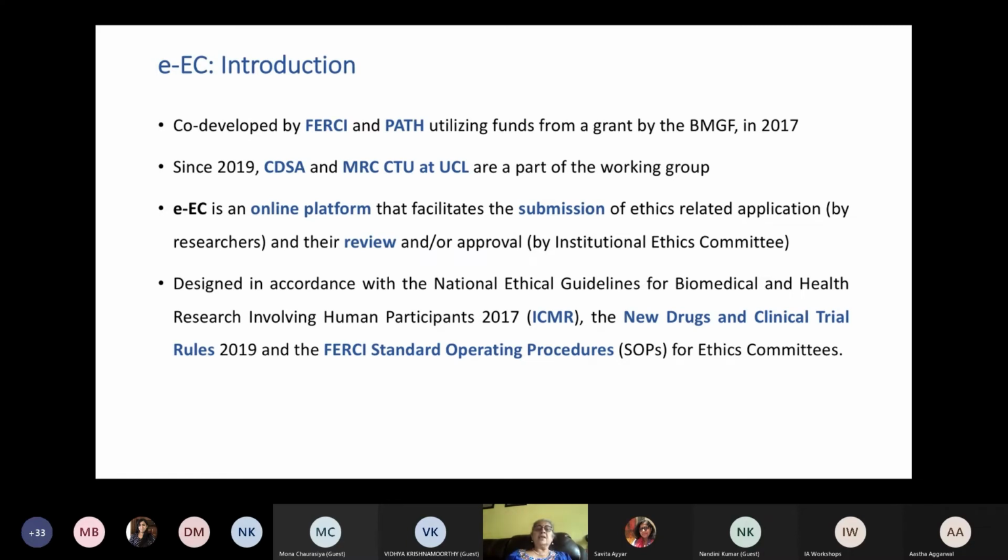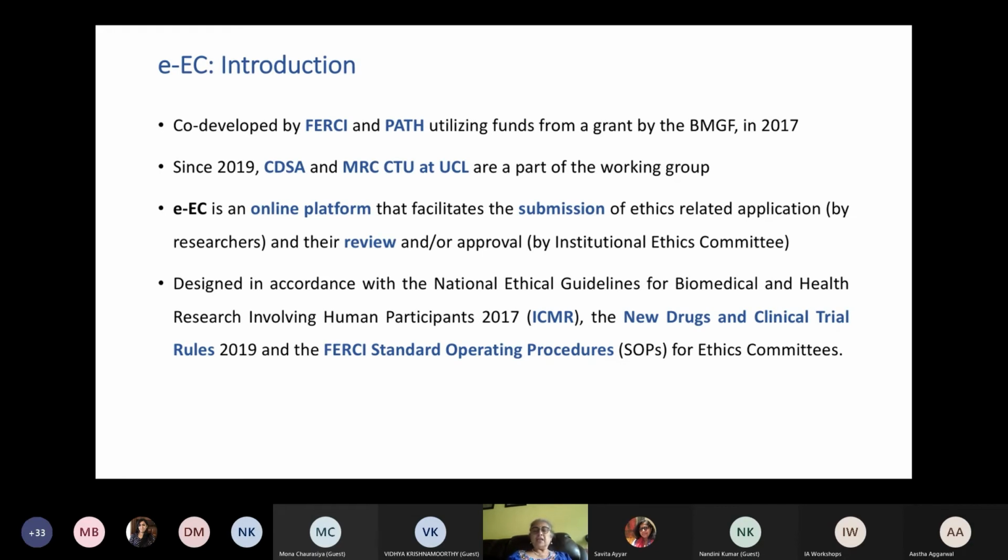Now, EEC is an online platform that facilitates the submission of ethics-related applications and their review and/or approval by the Institutional Ethics Committee. So it involves multiple users: the principal investigator, the ethics committee members, the secretariat, everybody is involved.